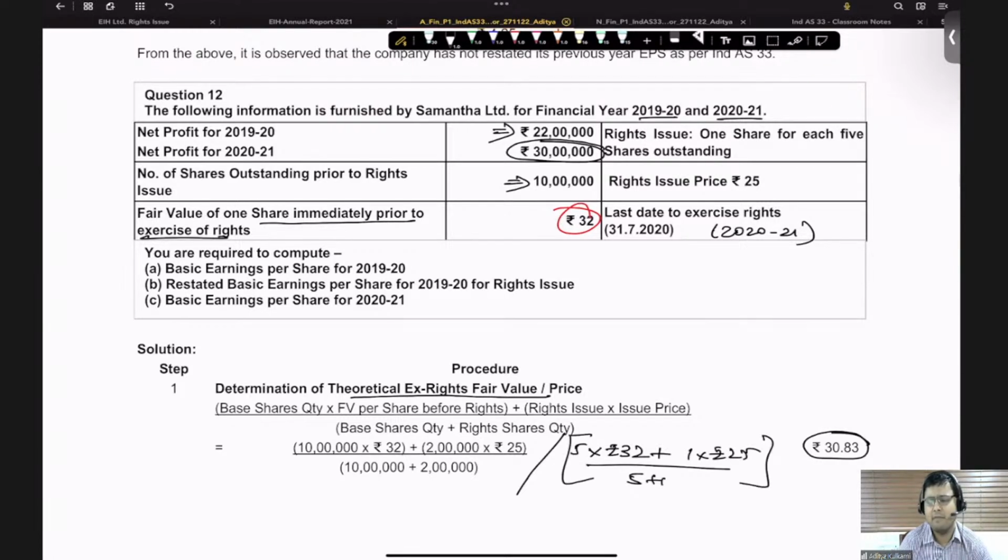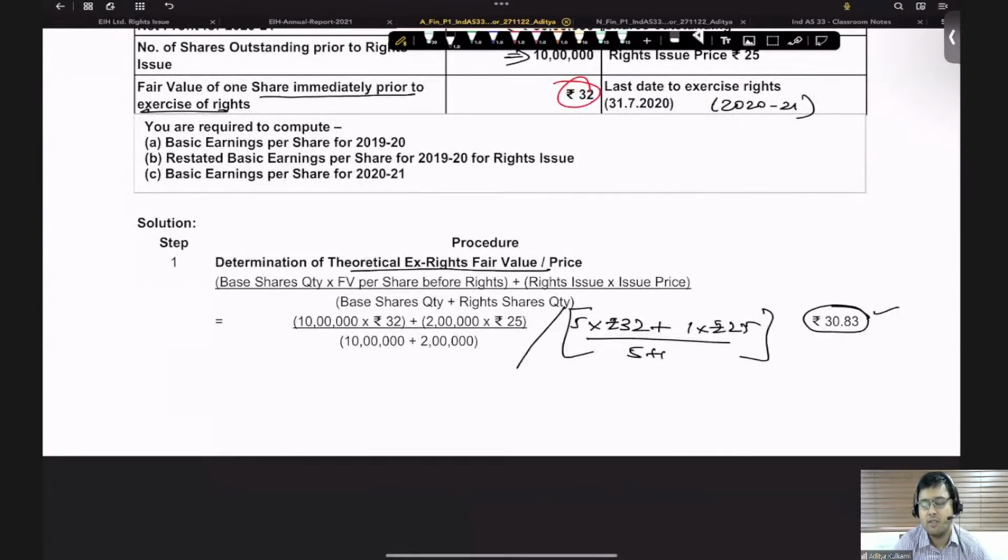It's a ratio. Ultimately it's a ratio, the answer will be the same. Why I prefer this is there will be less fingering on the calculator, fewer zeros, less scope for mistakes. So I would prefer to do it this way, but choice is yours. So we got 30.83. This was the ex-rights price which we had determined.